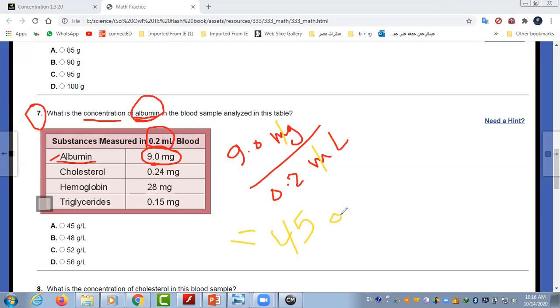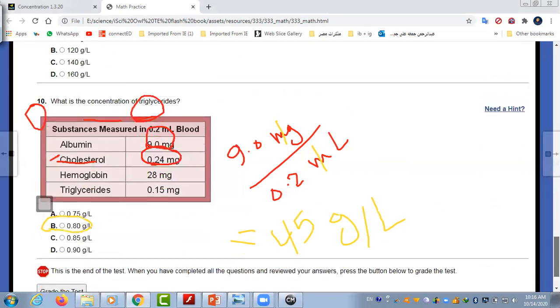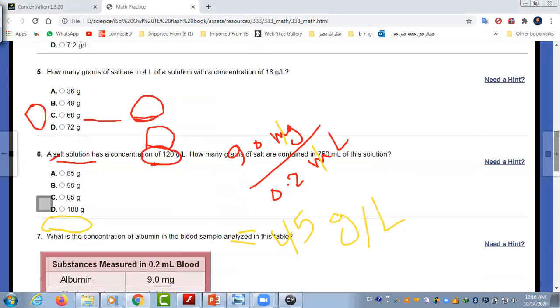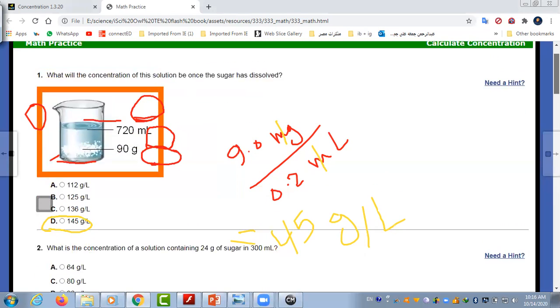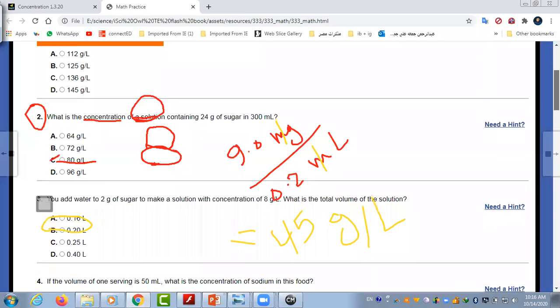And this is gram per liter. So your answer is A. Shabab, if you want to practice, you have this sheet with a lot of problems like this one. I think now it is easy for all of you. Thanks for participation. We have a different idea of how to calculate mass and how to calculate volume.